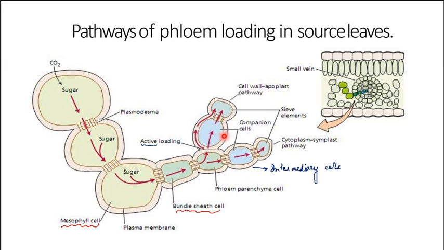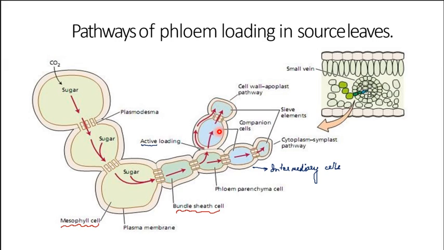To pump the sucrose inside the companion cells, protons are required, because they will be pumped with the help of a transporter, the sucrose H plus transporter. This will help in the pumping of the sucrose to the companion cell, and this companion cell will transport the solute to the sieve tube element through the plasmodesmata.